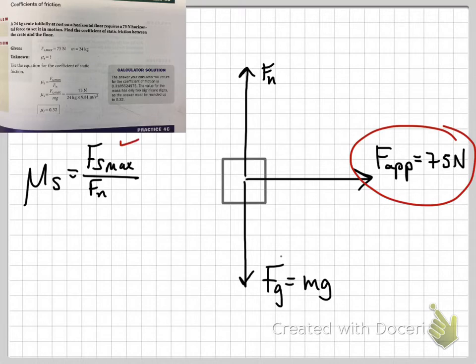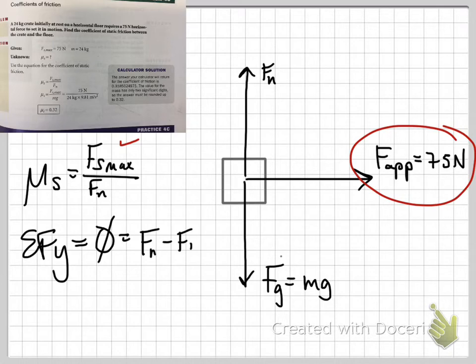Now, normal force is straightforward on this one, though it's not always. This is where we have to do a sum of forces on the y. It's not rising up into the air or sinking down into the earth, so that's 0. Fn minus Fg equals 0, so Fn equals mg.